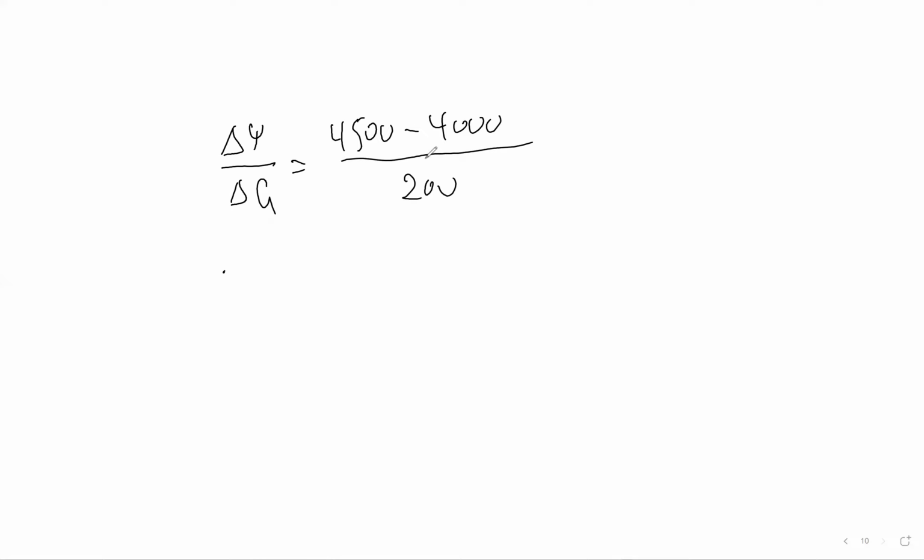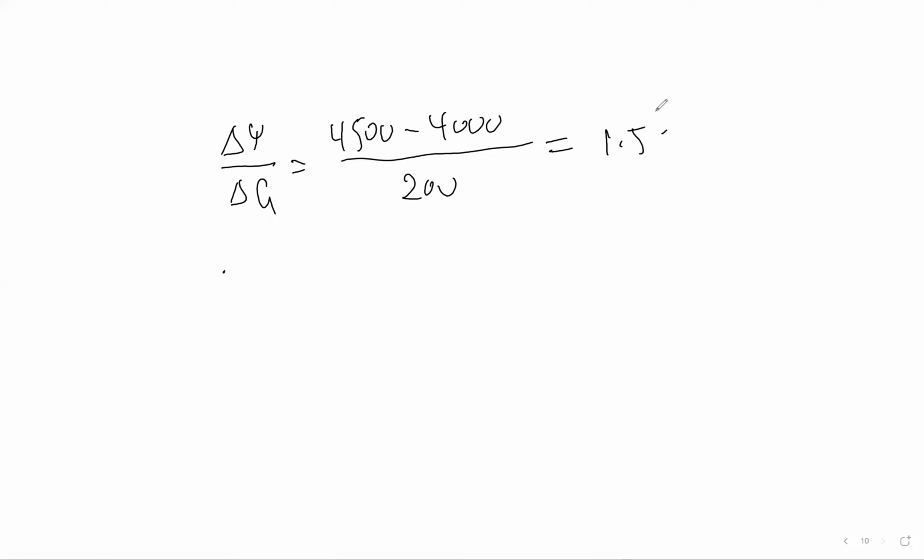Now we need to take the derivative, what is changing in Y with respect to changes in government purchases. And therefore, we saw that Y has increased from 4,000 to 4,500, minus what it used to be, divided by the change in government purchases, and that is equal to 1.5.